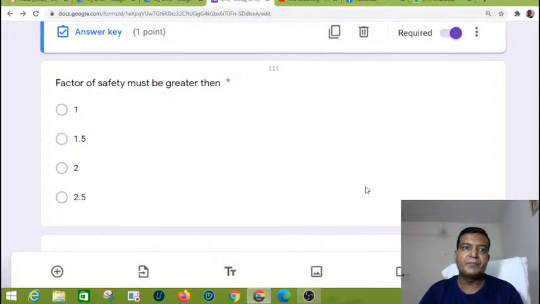Next objective. Factor of safety must be greater than.